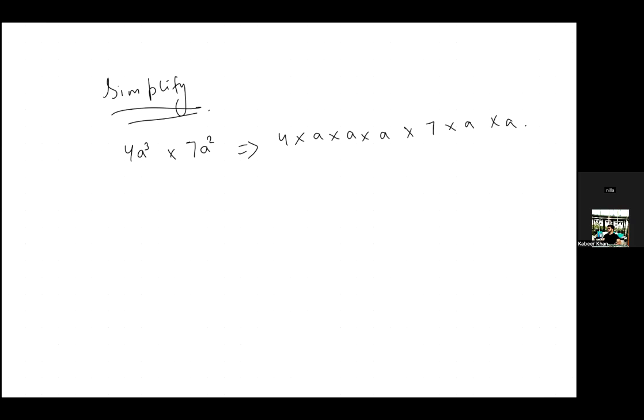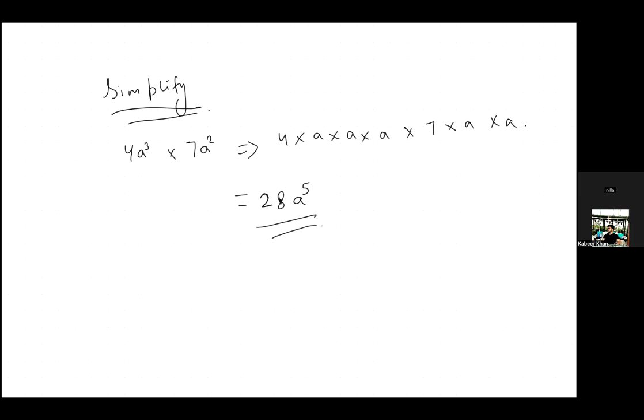So you have to add the indices: a cubed and a squared, add them, which gives 3 plus 2, 5. And you multiply the numbers, 7 and 4, which is 28. So this would give you 28a to the power 5. This would be your answer.